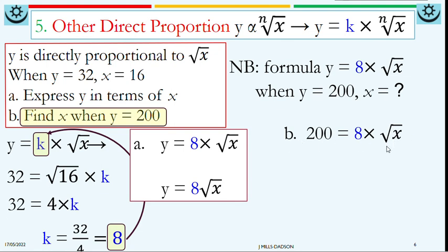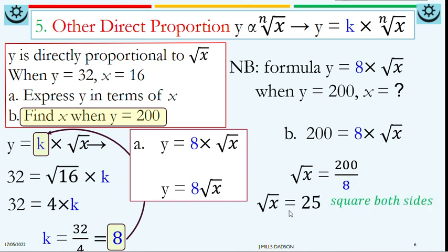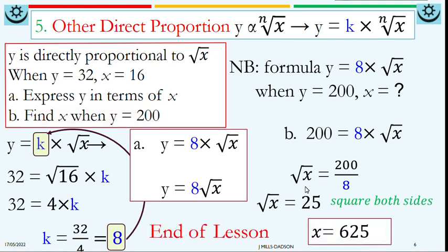Divide through by 8. 200 divided by 8 is 25. To reverse square root is to square both sides. So when you square both sides, you have x equals 625.